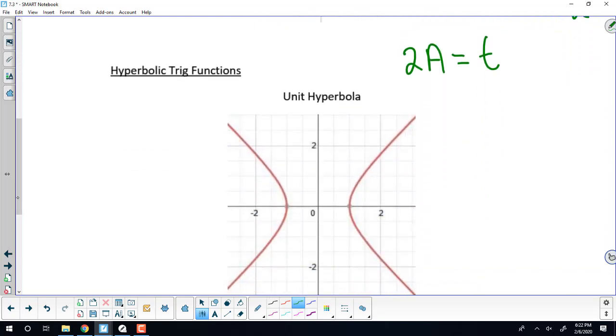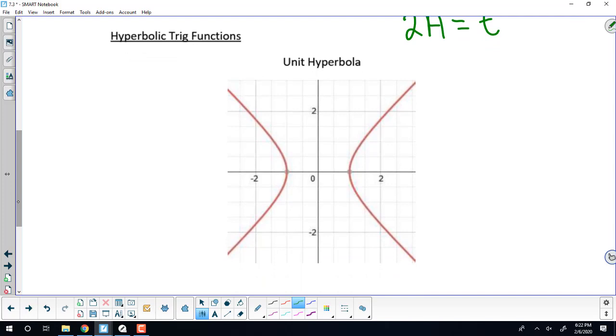The hyperbolic trig functions come from the unit hyperbola. So the unit hyperbola, we've got, I guess it's opening, if you will, in the x direction. So the equation for this hyperbola would be what?